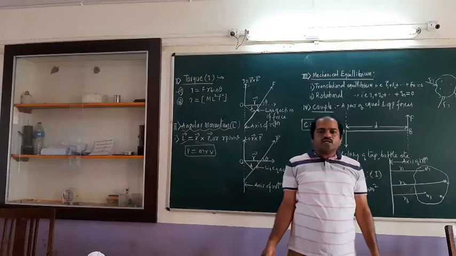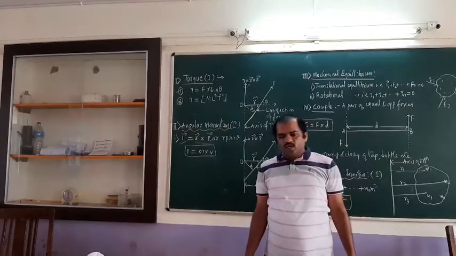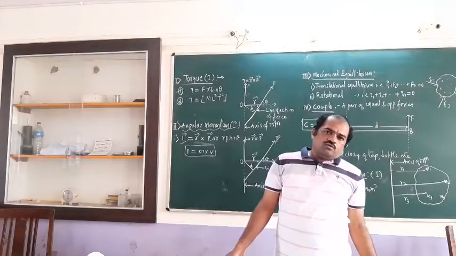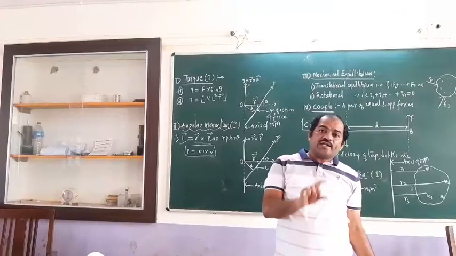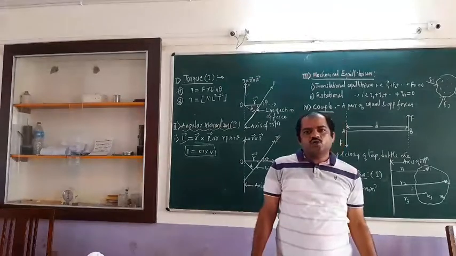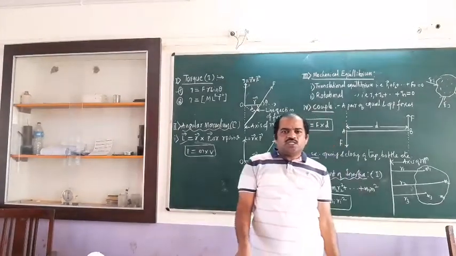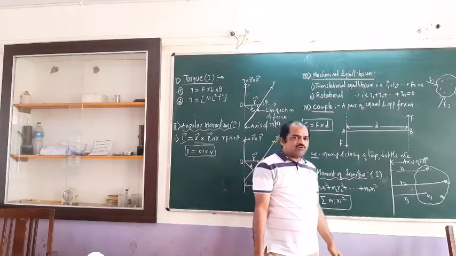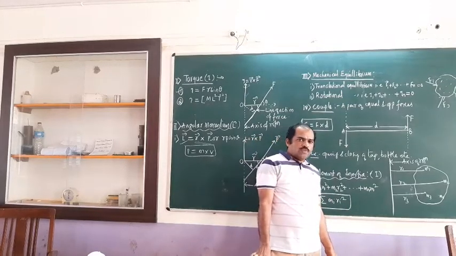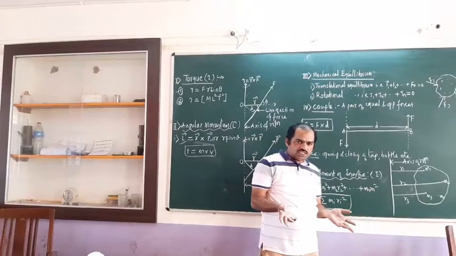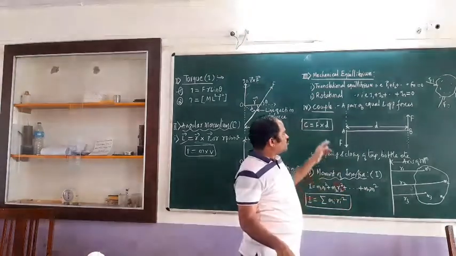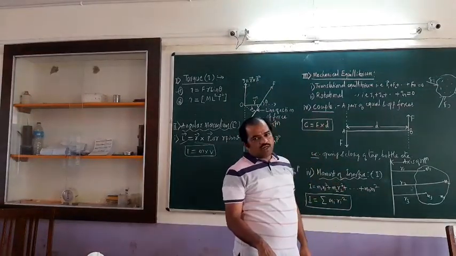What is torque? Torque is going to rotate the body. If all the torques acting on the body are equal to 0, then the body is not going to rotate, and the body is said to be in rotational equilibrium.